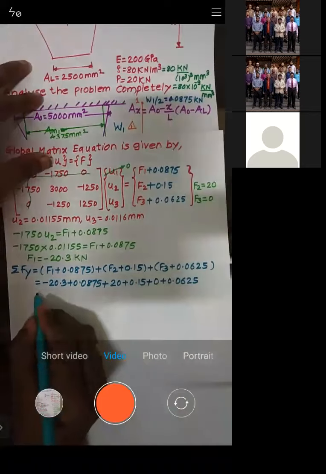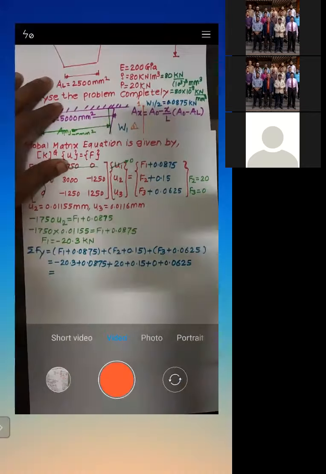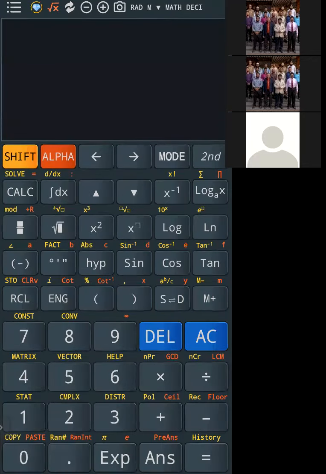So let's do this calculation and check what answer we are getting: -20.3 plus 0.0875 plus 20 plus 0.15 plus 0 plus 0.0625.